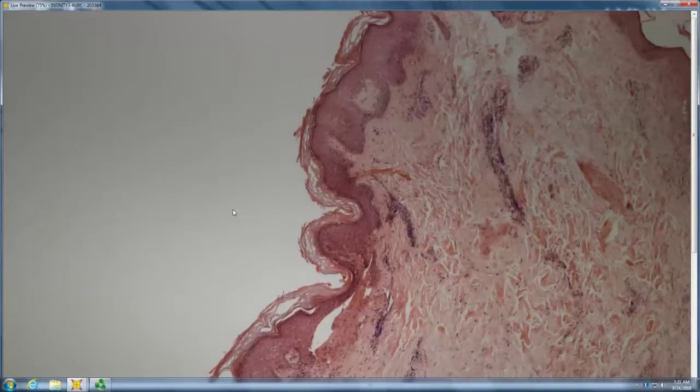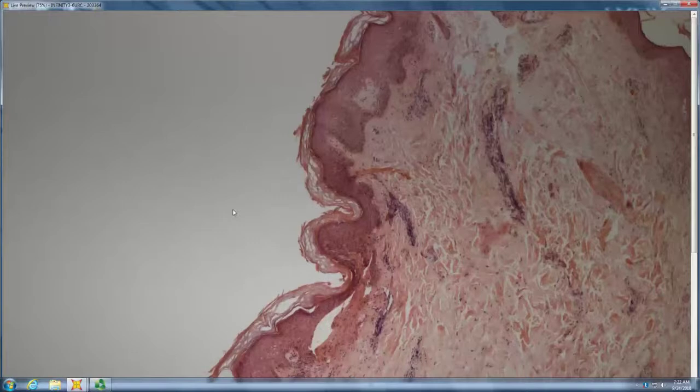So when you look really close at the granules in DH, they really do have a vertical orientation, like a picket fence. And you want to see that to establish the diagnosis if you're going to call something dermatitis herpetiformis.